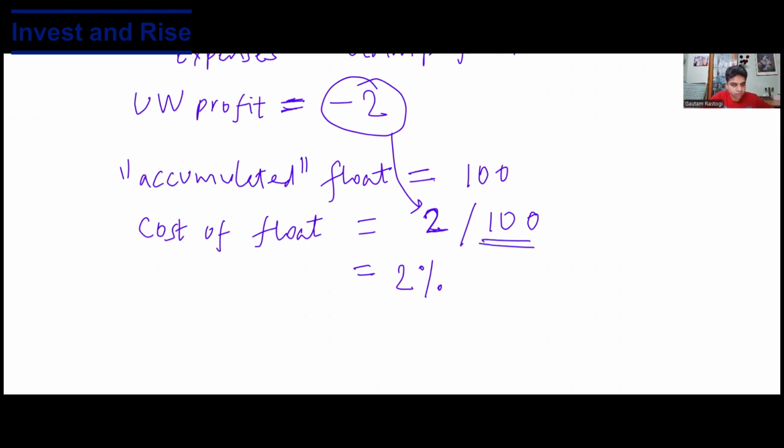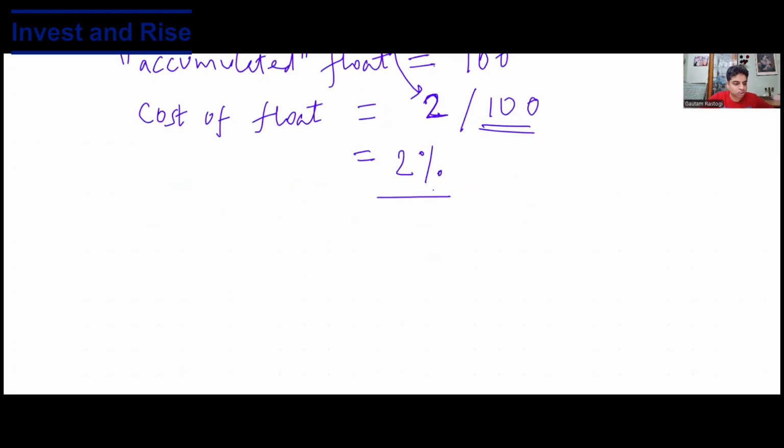All right. So now this is good for this insurer in this example, because the cost of float of 2% this year is less than the market rate of raising money. Let's say the market rate of raising money is 4%.